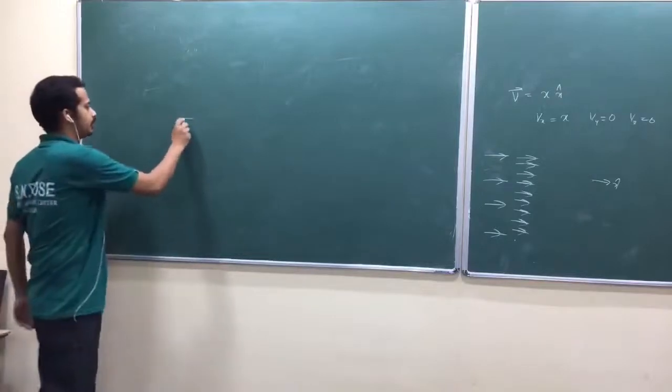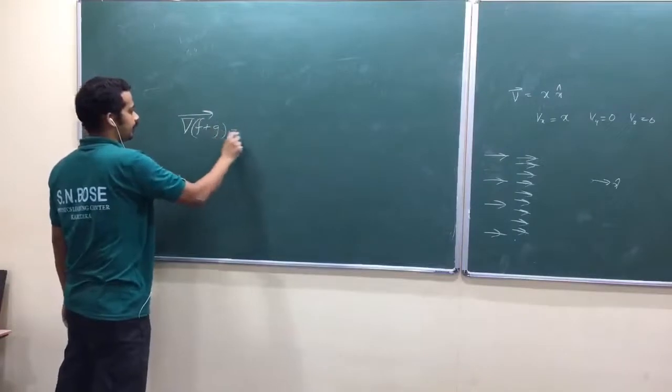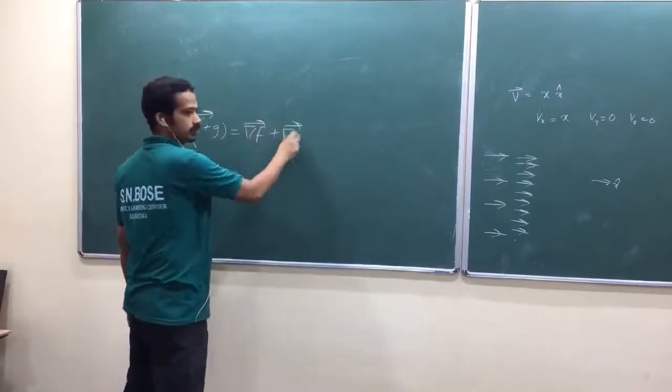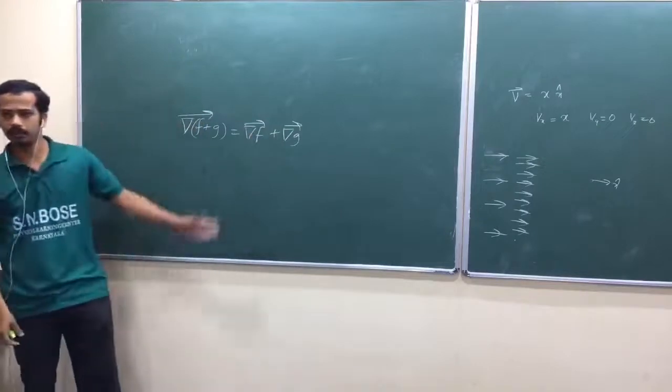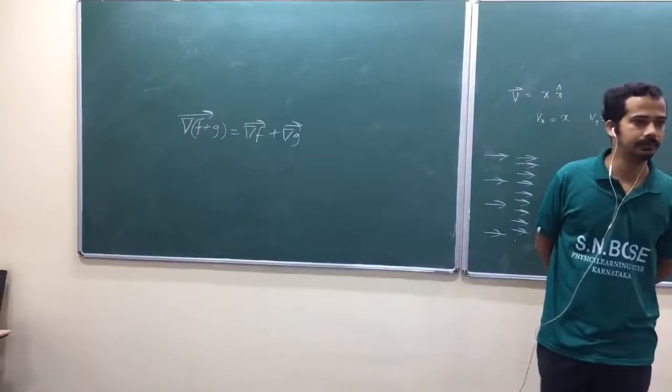So these are very simple. Gradient of the sum of two scalars is equal to gradient of f plus gradient of g, like that. Obviously all of these derivative operators are linear operators, isn't it?